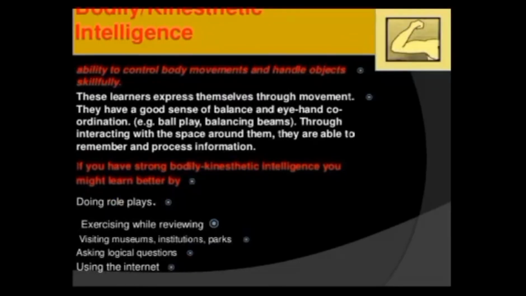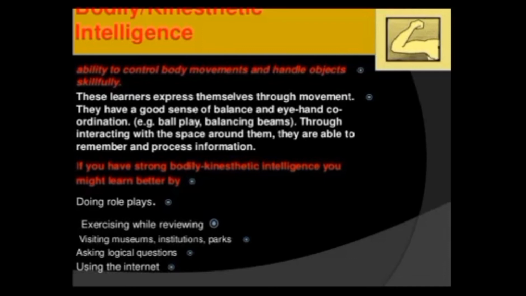Next is bodily kinesthetic intelligence. Bodily kinesthetic intelligence is the ability to control body movements and handle objects skillfully. These learners express themselves through movement. They have a good sense of balance and eye-hand coordination, like playing ball or walking balancing beams.